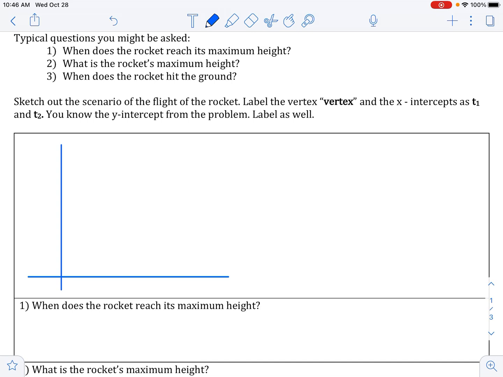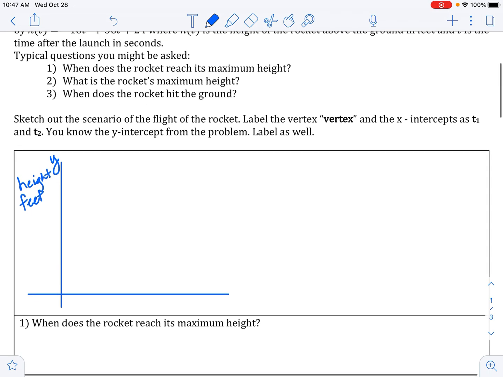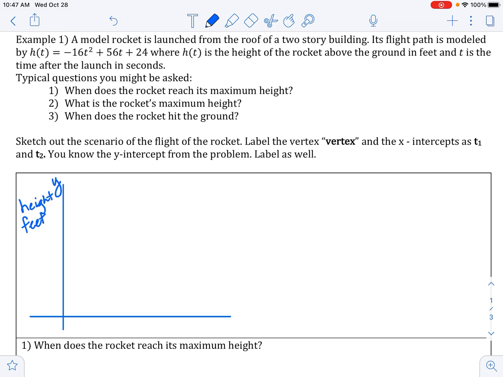Most trajectory type problems have that upside down parabola look. Along your y-axis, which for us is representing the height, which was in feet, we have the y-intercept. So remember that if it is in standard form, which this equation is in standard form, the c value, your constant, is the initial height, right?